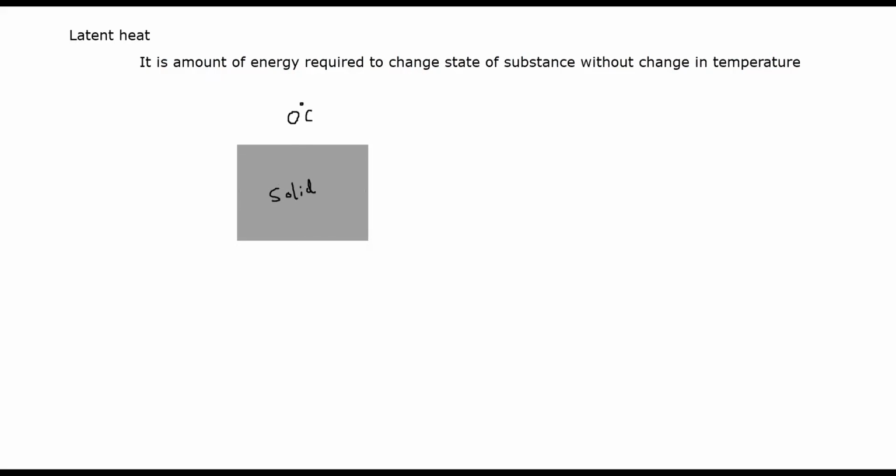It can be any solid, but this solid is having a temperature 0 degrees centigrade. What you are doing, you supply heat energy. So when you heat this solid, what will happen to this solid? This solid will turn into a liquid state.